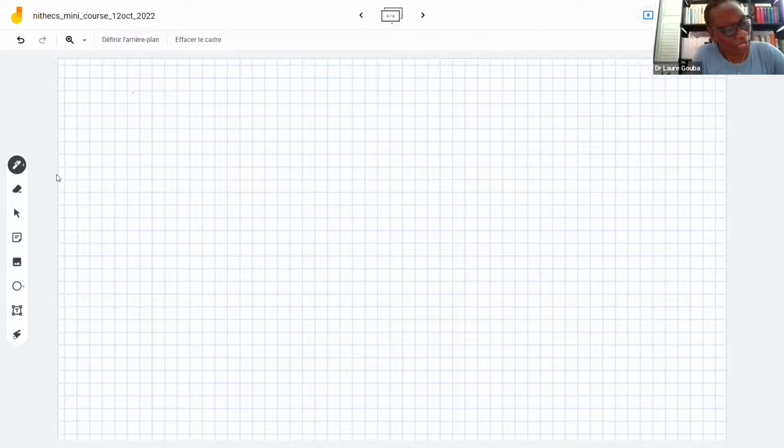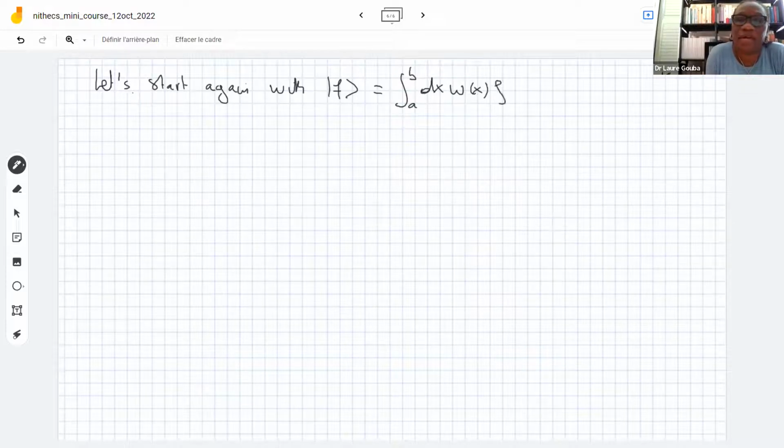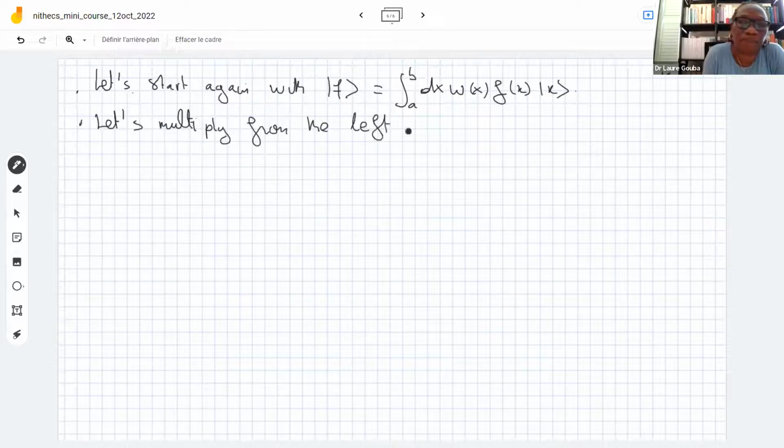In order to get an expression of this inner product, let's start again with |f⟩ equal to the integral from a to b of dx w(x) f(x) |x⟩. Let's multiply from the left by the bra ⟨x prime|.